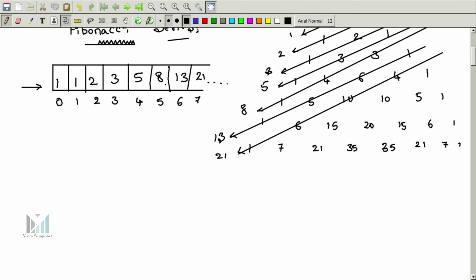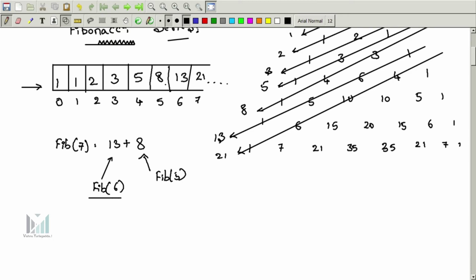Now what is the Fibonacci of 7? Based on this, Fibonacci of 7 is equivalent to 13 plus 8. What is 13? Fibonacci of 6. What is 8? Fibonacci of 5.